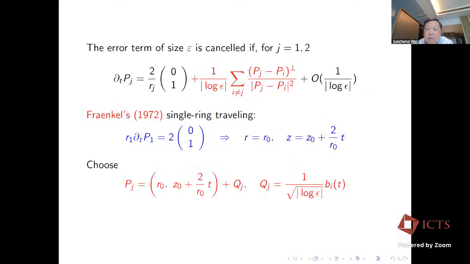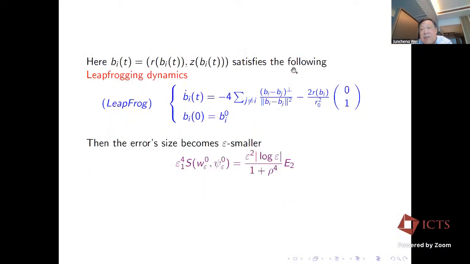from this dynamics, you can get a reduced dynamics. It's called leapfrog dynamics, and this is the formal derivation of this leapfrogging phenomenon.